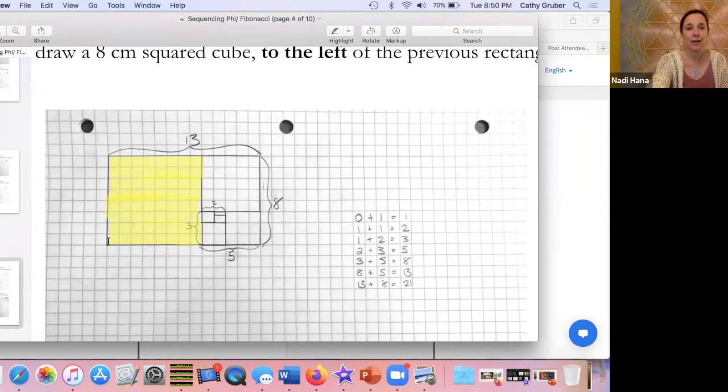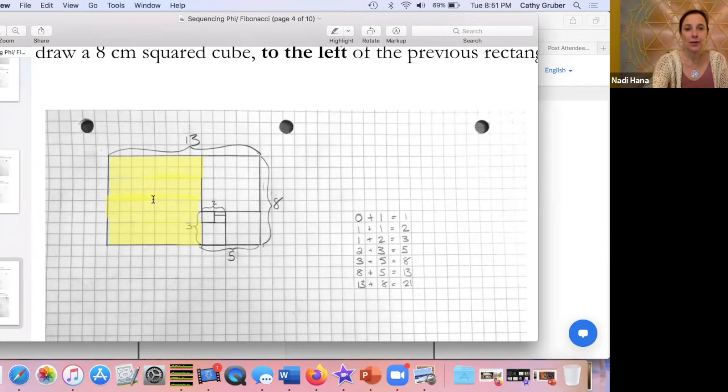So adding an 8 centimeter square onto the left of this rectangle, which is also called a golden rectangle because it contains the golden ratio, right? Representing harmonics, balance, and beauty.